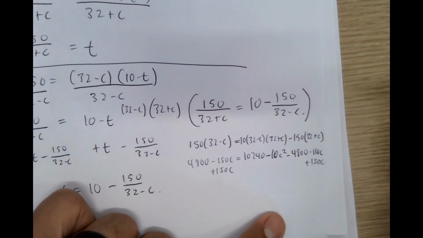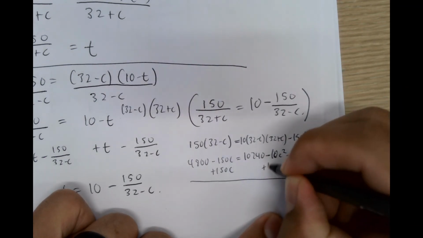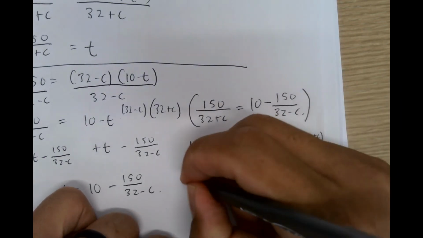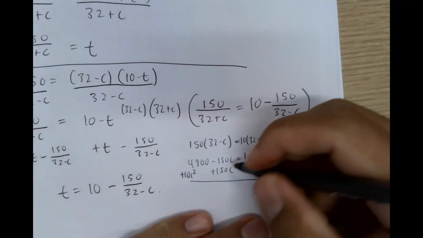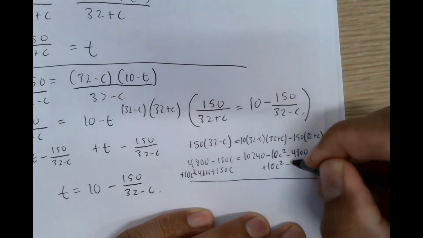And then I'm going to go ahead and move all of my numbers to the right hand side, and I'm going to add 10c squared to both sides. I'm also going to subtract 4800 from the left hand side and subtract 4800 from the right hand side.